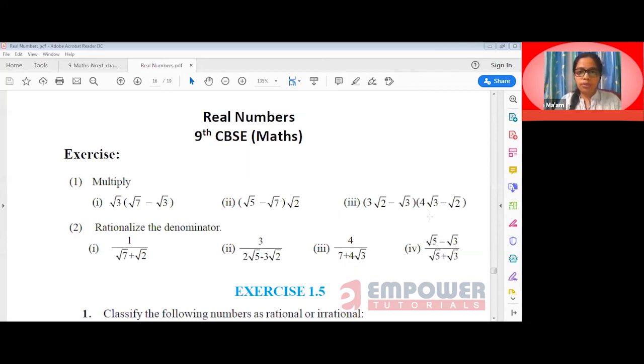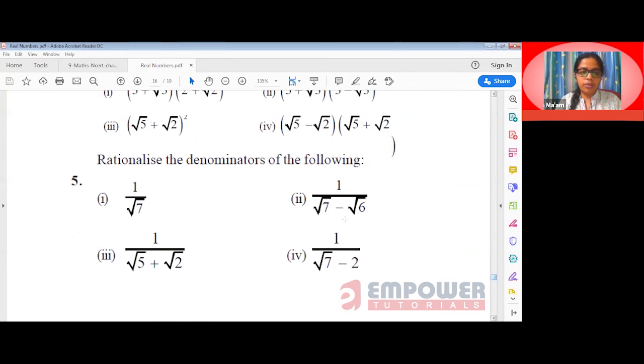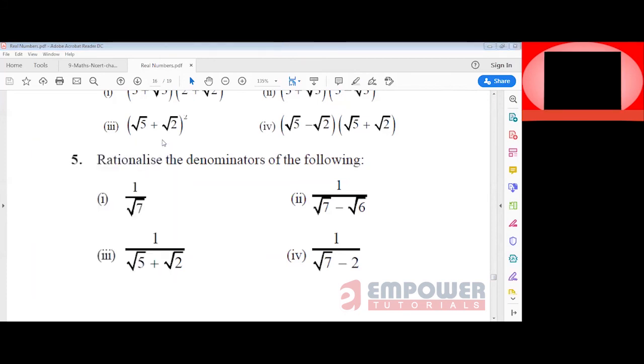Try to solve question number 5, where you have to rationalize your denominator. Solve question 5 from exercise 1.5. Everyone, you have to solve question 5 from the exercise. The first one is the easiest one. 1 upon root 7.